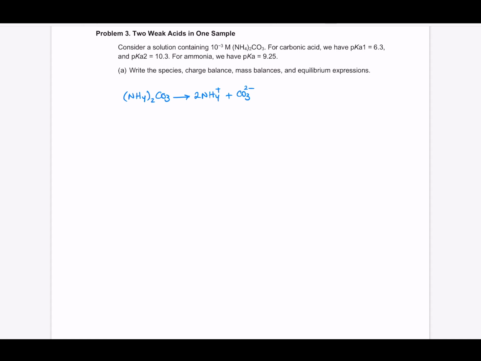And so now we can tell from the beginning that the total concentration of ammonium is twice the initial concentration of the salt, because 1 mole of this is producing 2 moles of ammonium.